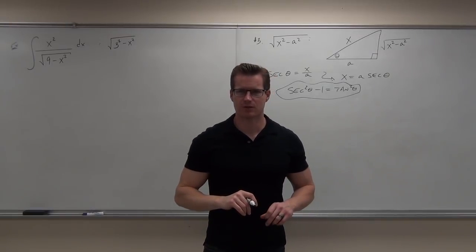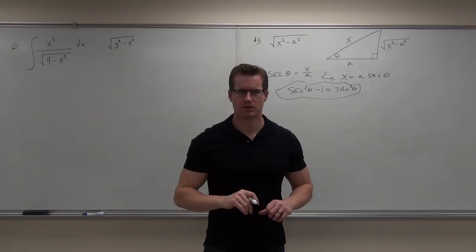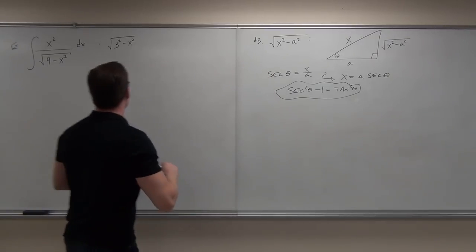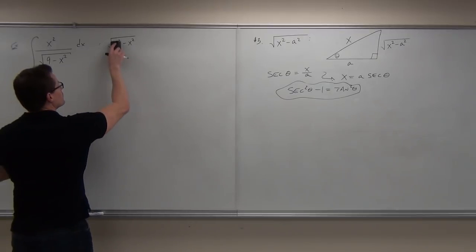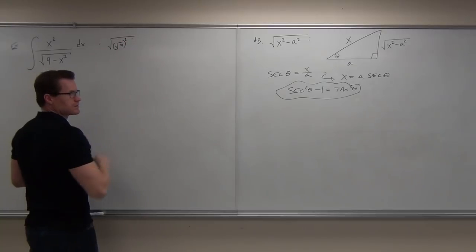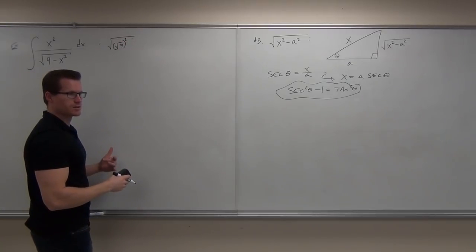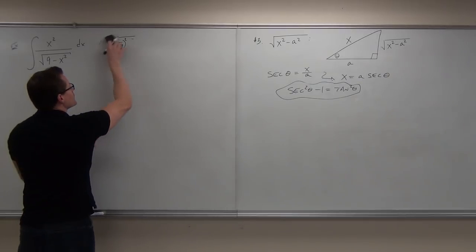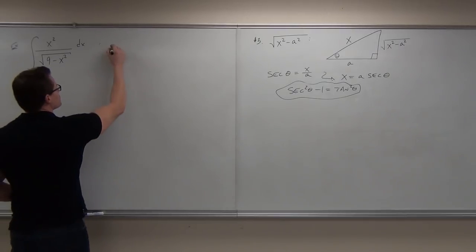What if it was 7? Could you still do it? Yeah, you've got to think outside the box, though. If this was a 7, you could do something like the square root of 7 squared. That would give you 7. Does that make sense? It's harder, but generally we get those perfect squares, which is really nice, but you don't have to.